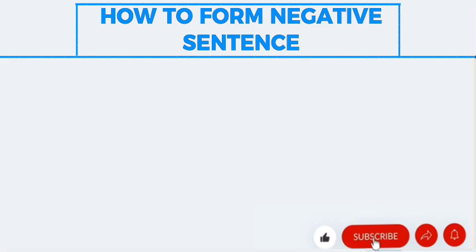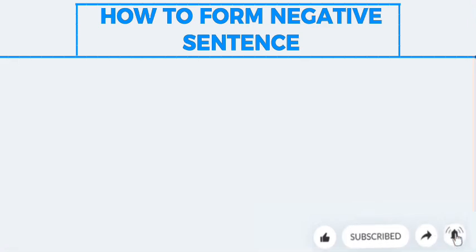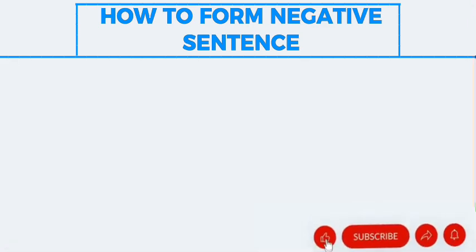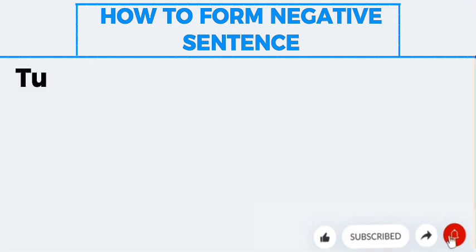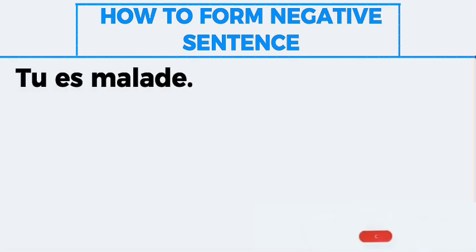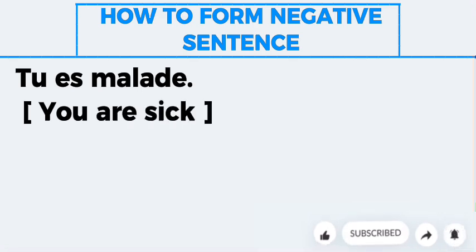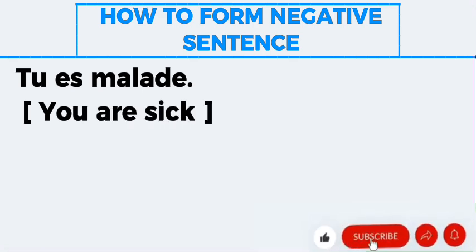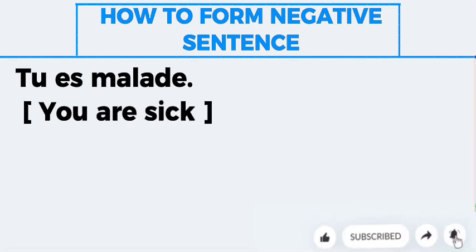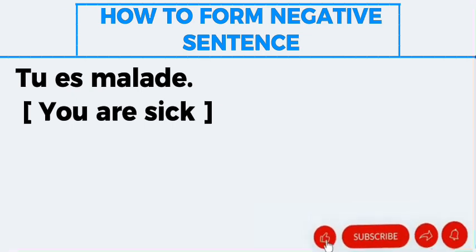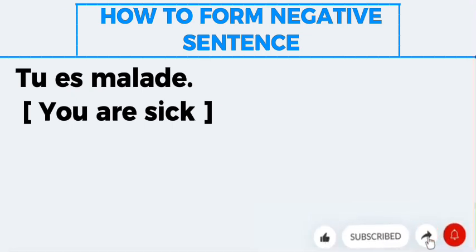Alright brainiacs, let's take a look at the final example for today. And this is tu es malade. And this means you are sick. To form a negative sentence from this positive sentence, you have to fix the verb of this sentence, which is es, in between ne and pas.